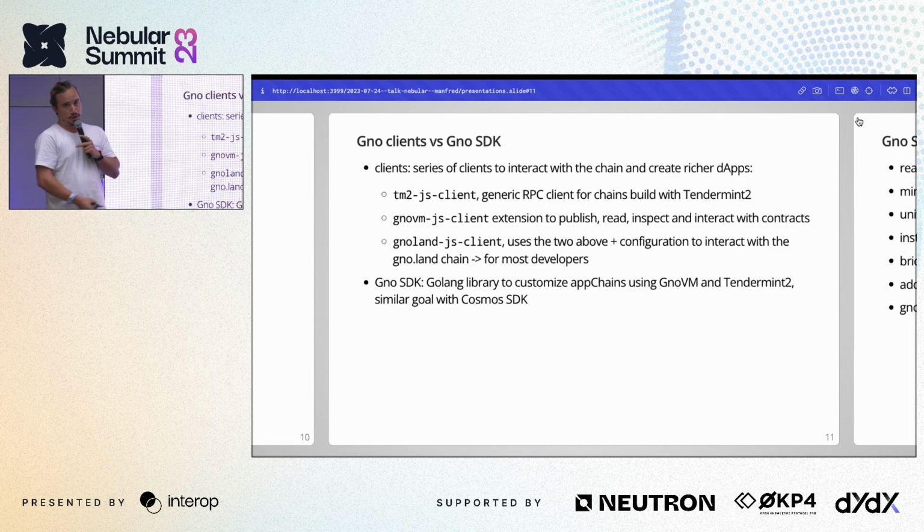For instance, in the JavaScript ecosystem, you can have a client just for Tendermint 2, another one for GnoVM, understanding the contracts and how we manage the data, and another one which will be the Gnoland client, so you can connect to the chain with a simple library and consume the data, interact with the contract, upload new contracts, etc. Then we have the Gno SDK, which is actually the competitor of the Cosmos SDK, with the same goal of making appchains.